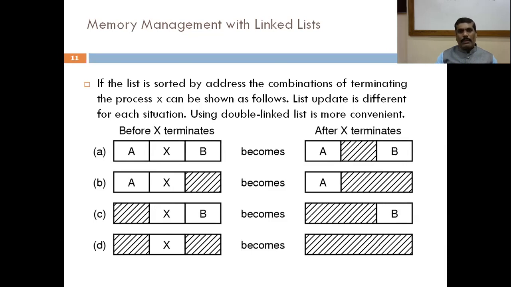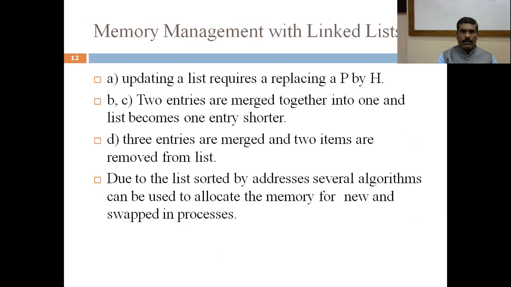And if you see diagram D, free memory is there, X process is there, and again free memory is there. So when X terminates, the 3 nodes will be converted to a single node. So the total number of nodes in the linked list is going to vary at runtime, depending upon the runtime behavior of the processes.